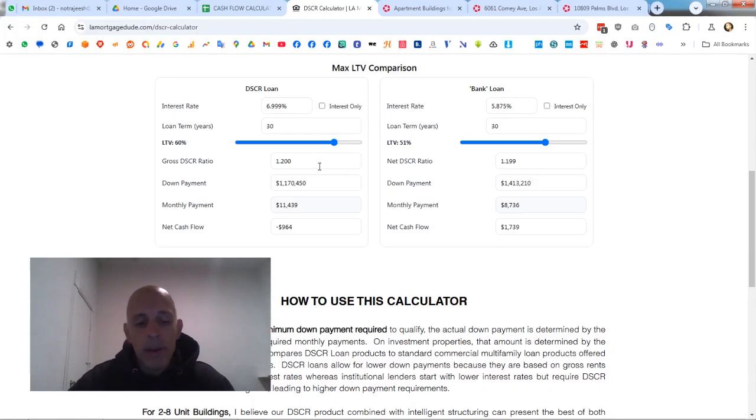Because the end goal of every investor is to stay as liquid as possible, which means putting as little down payment as necessary and getting as much cash flow as possible. And the way to get as much cash flow as possible is, of course, to lower the interest rate. So I want to figure out what that combination of numbers is.